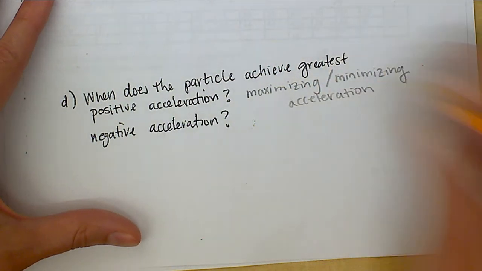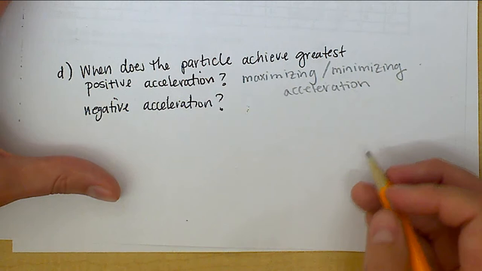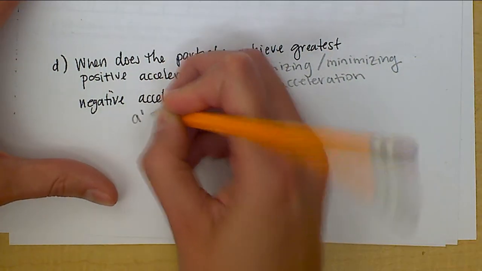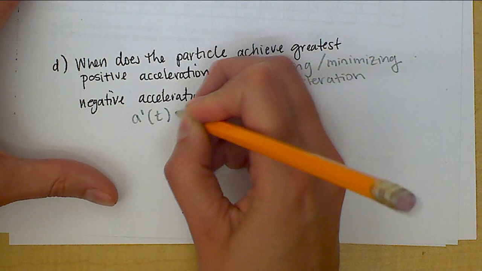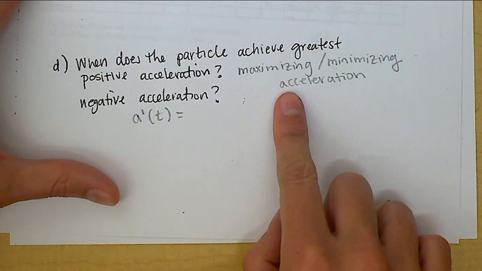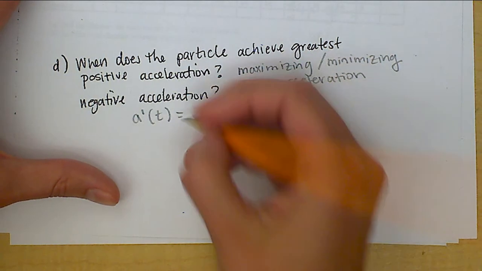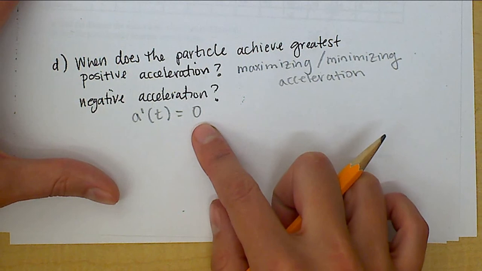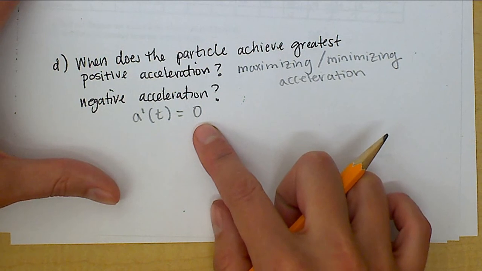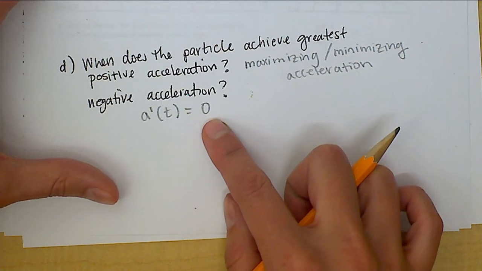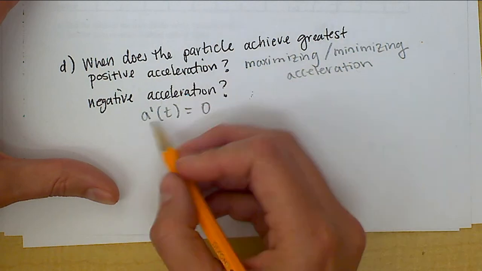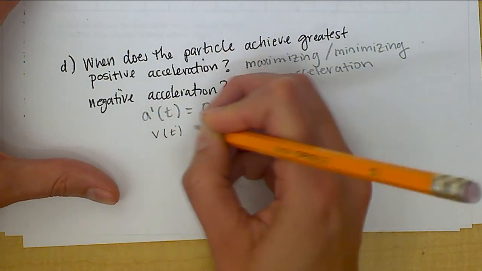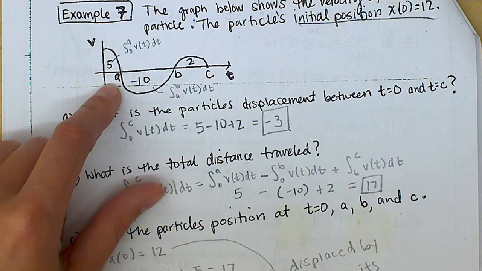And just like we talked about in class, whenever you're maximizing or minimizing something, you consider the derivative of that thing. So since we're maximizing acceleration, you take the derivative and set it equal to 0. So you consider all of the points where it's equal to 0. A prime is equal to 0 whenever v of t equals 0, which if you look at the graphs is at points A and B.